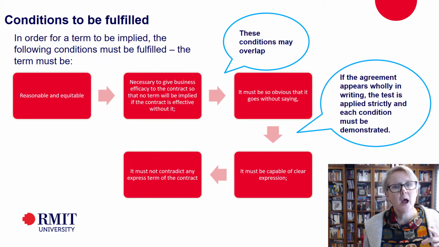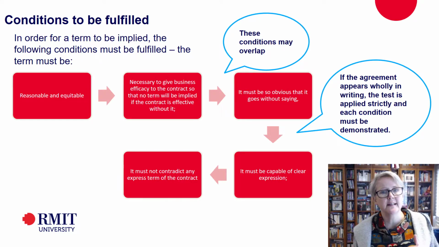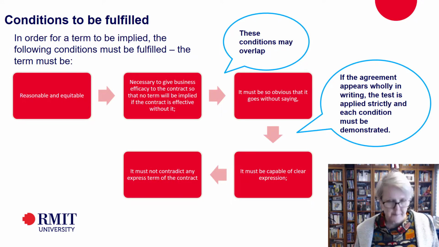If the agreement appears wholly in writing, then the test is going to be applied strictly, and each of these conditions needs to be demonstrated. However, if the agreement is partly verbal, partly written, then it is likely that the test will be truncated and applied in a less strict way.